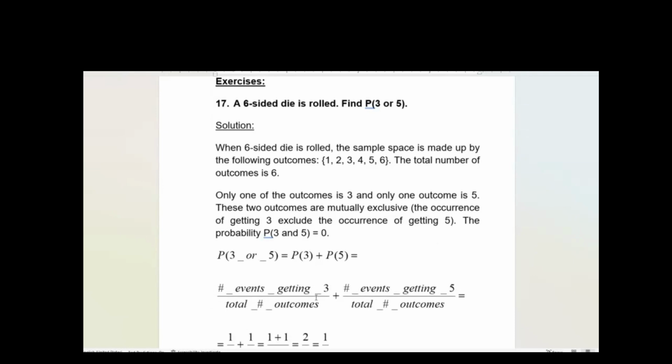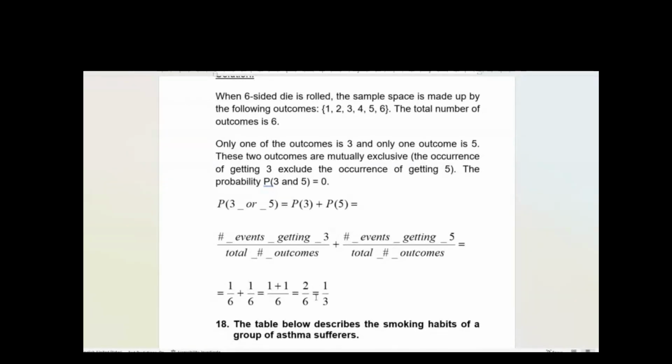That is the number of outcomes getting 3 over the total number of outcomes, plus the number of outcomes getting 5 over the total number of outcomes. There is only one outcome 3 out of 6, and only one outcome 5 out of 6. So this is 1 over 6 plus 1 over 6, which is 2 over 6, which is 1/3. So the probability of 3 or 5 is just 1/3.